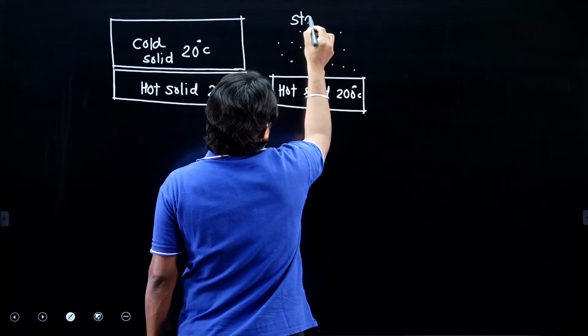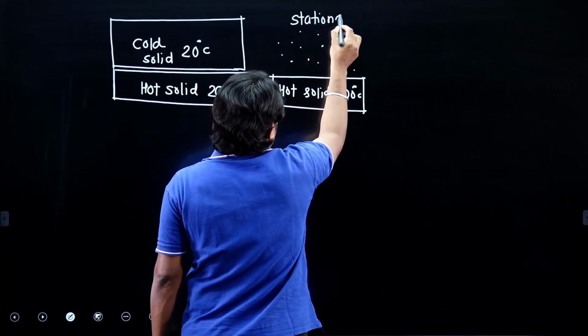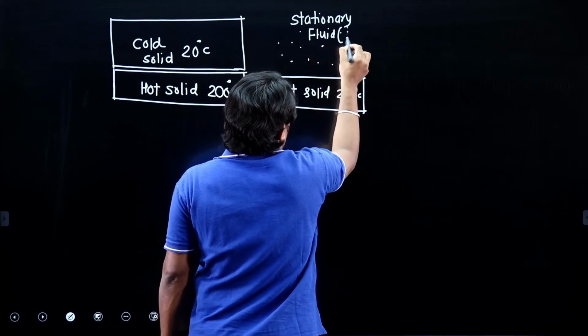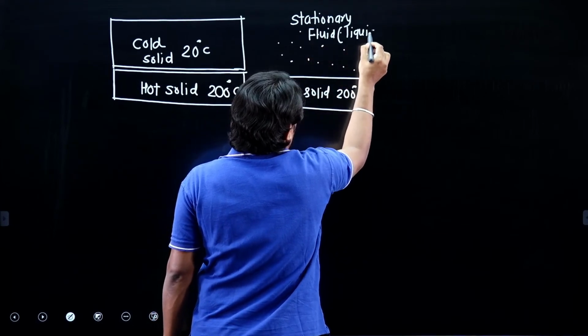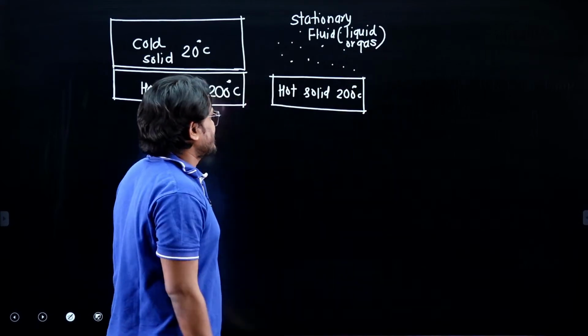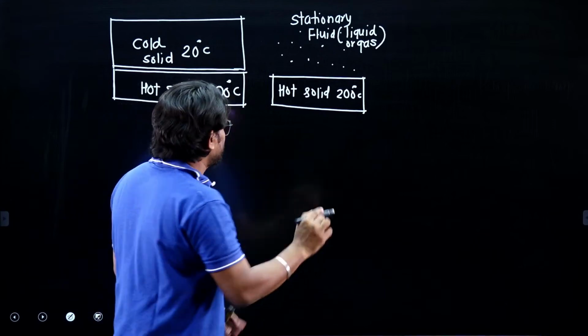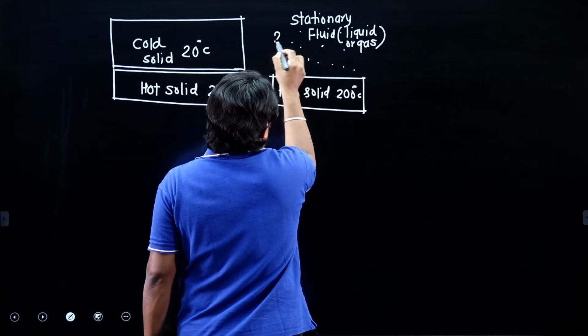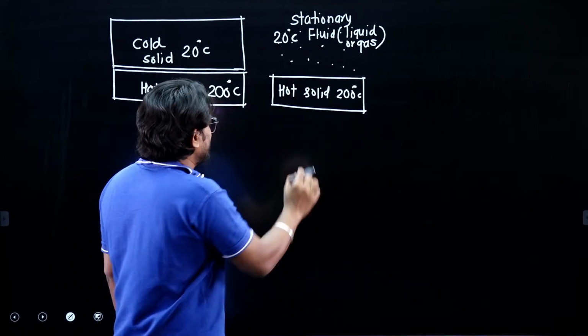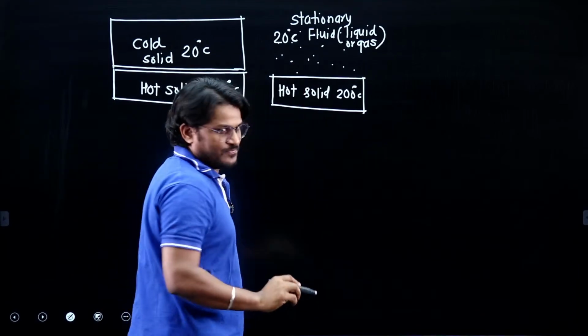this is a stationary fluid. This fluid may be liquid or gas. Right now it is in static, stationary conditions. So this is 20 degrees Celsius. Please listen, this is stationary.